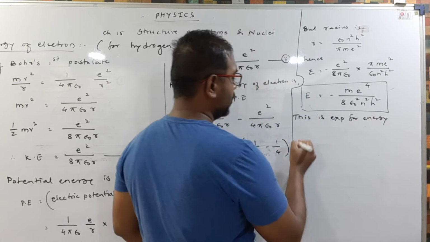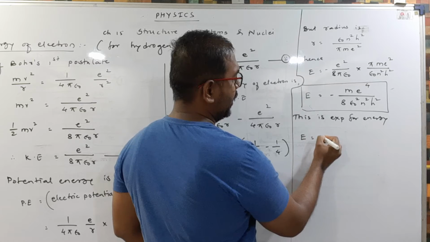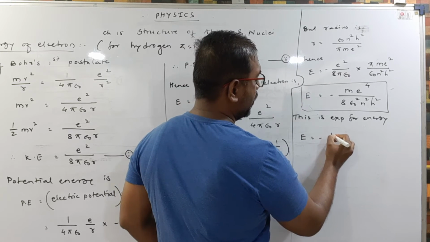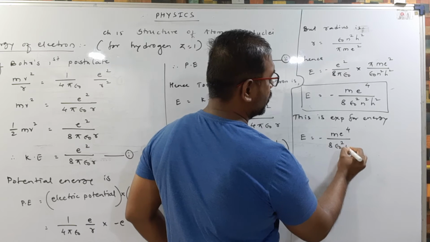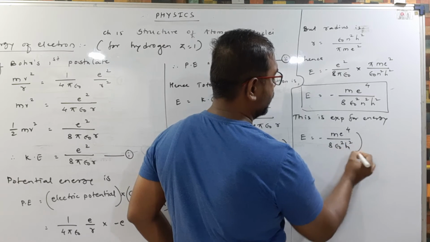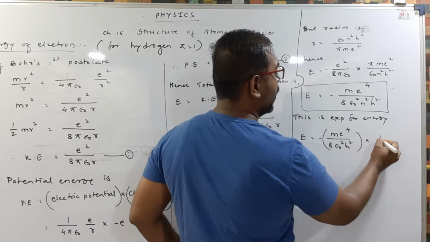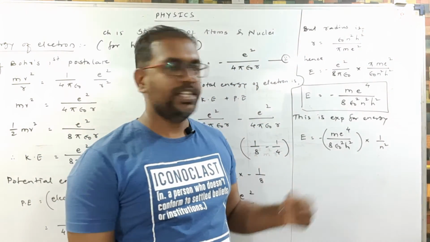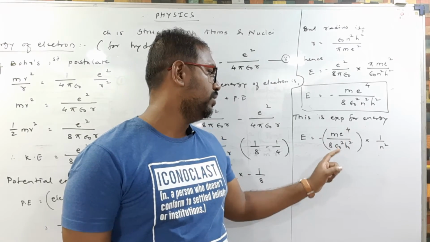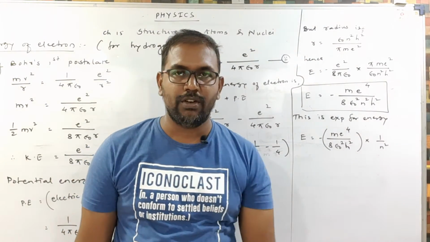Then after that, I can write the same formula: E is equal to minus m e raised to 4 divided by 8 epsilon 0 square h square, and then this 1 by n square I am writing here. I have written all the constants in a bracket. This m is constant, e is constant, epsilon 0, h, everything is constant.